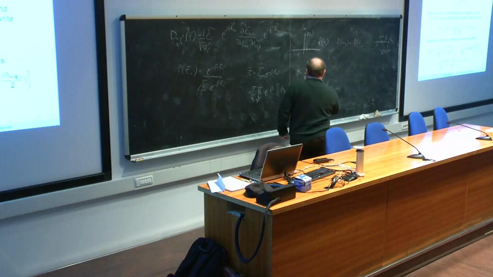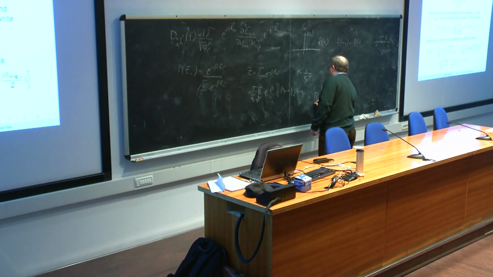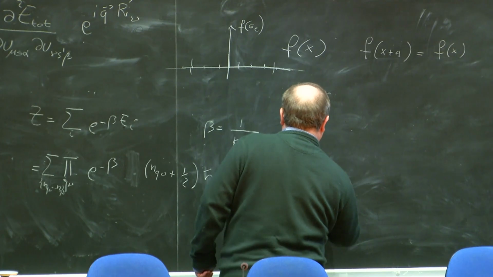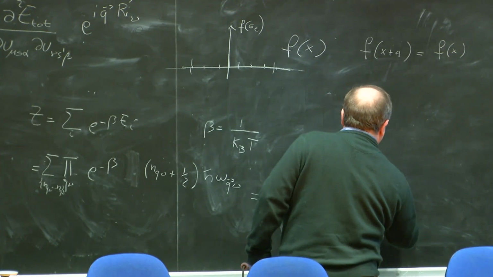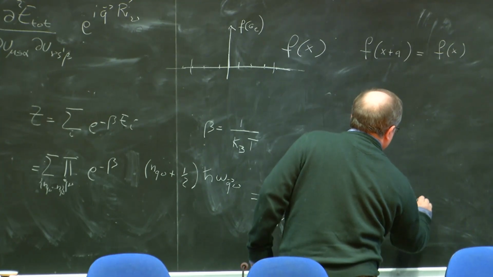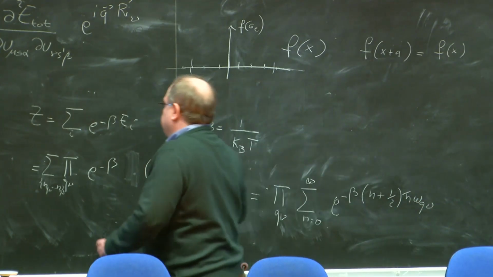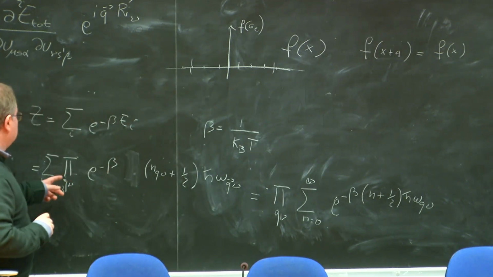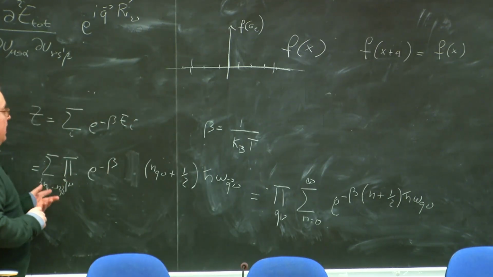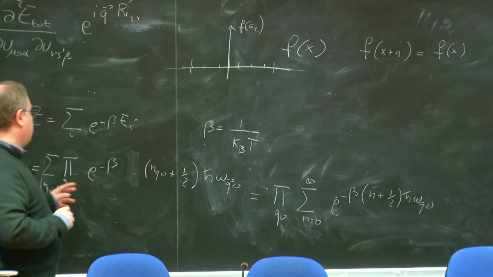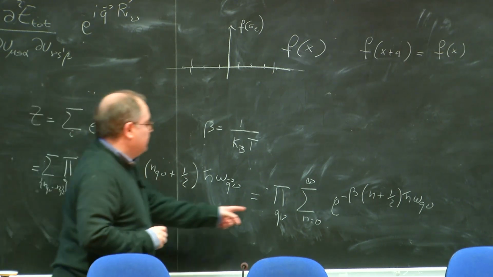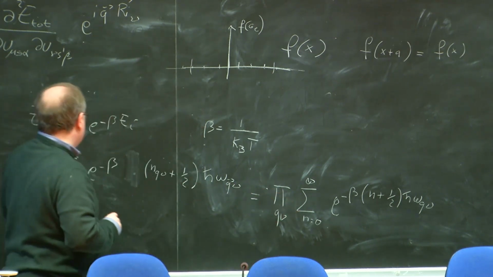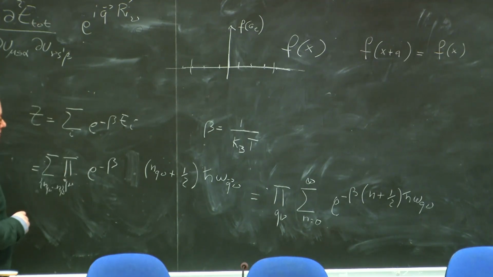And one can show that this is equal to the product over Q and ν of the sum, with n going from 0 to infinity, of e to the minus beta (n + 1/2) ħω_Qν. You can convince yourself that you can exchange these two sums, taking a few phonons, for instance two phonon frequencies, and seeing that the product of the sums is equal to the sum of the products.